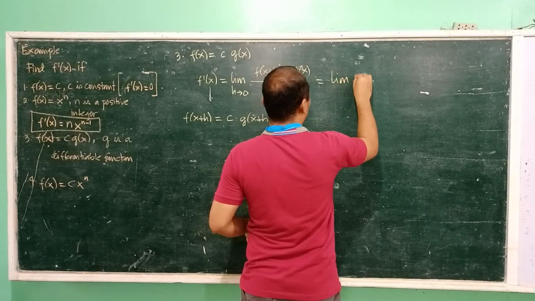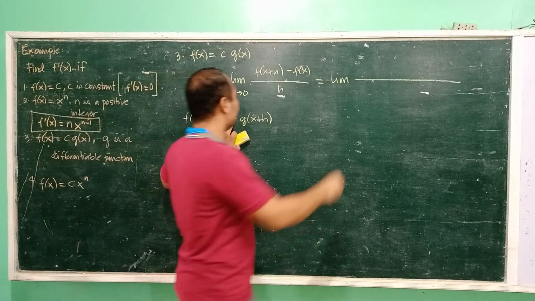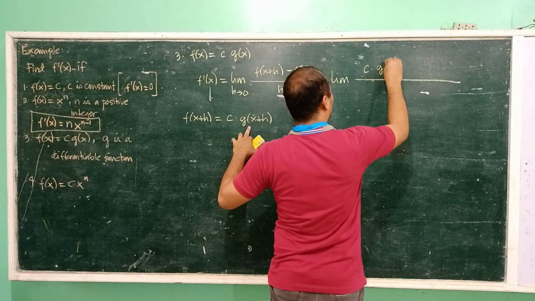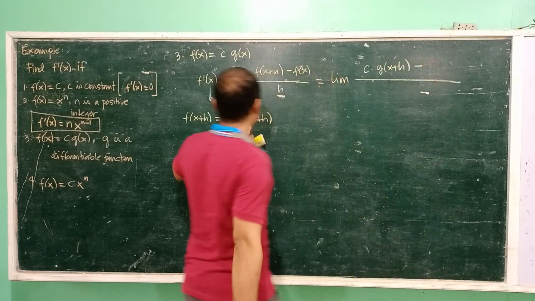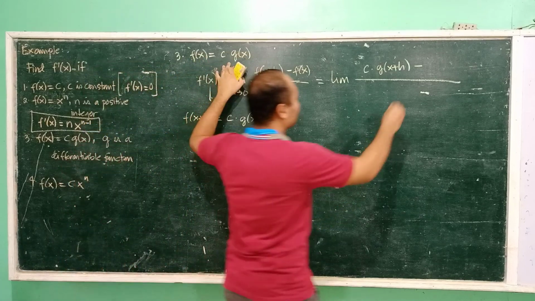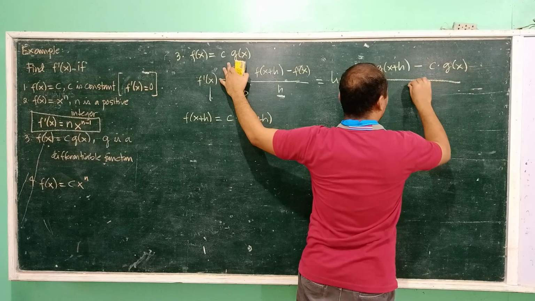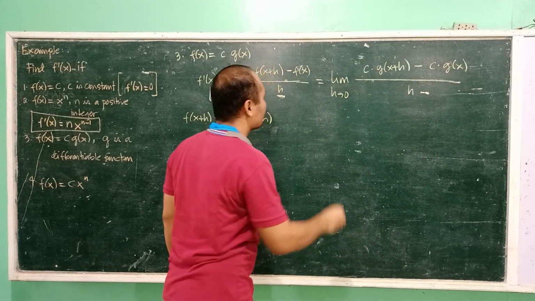The limit of f of x plus h, which is c times g of x plus h, minus f of x, and f of x is defined to be c times g of x, all over h as h approaches 0.